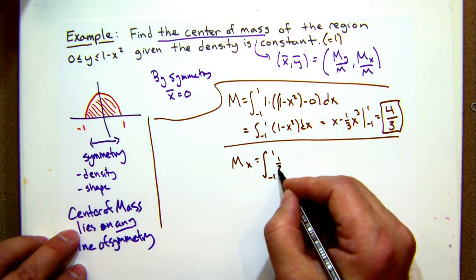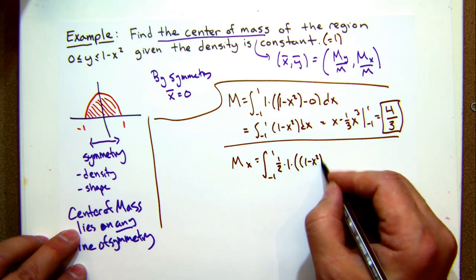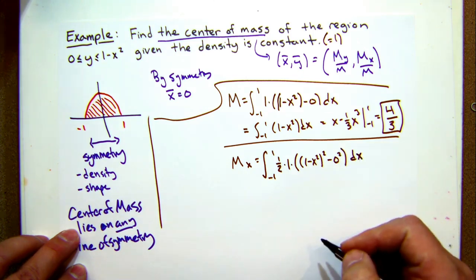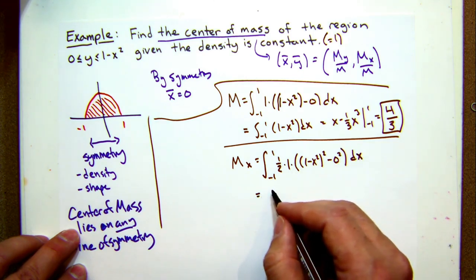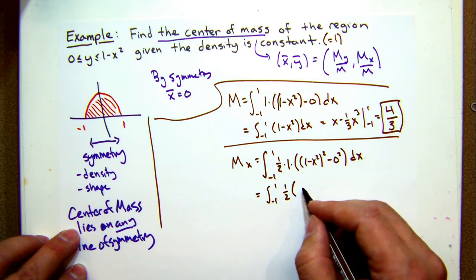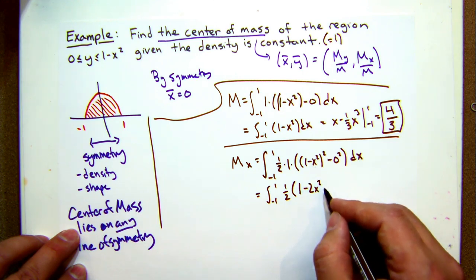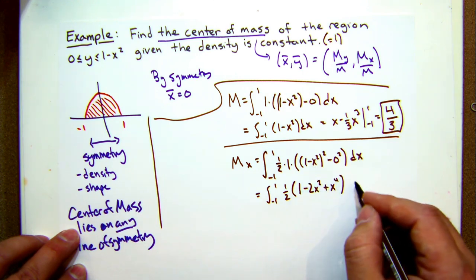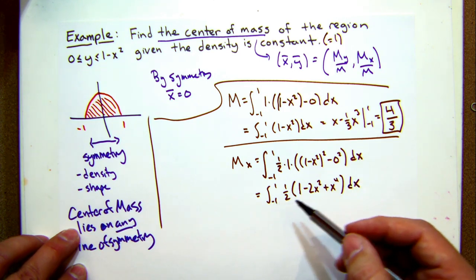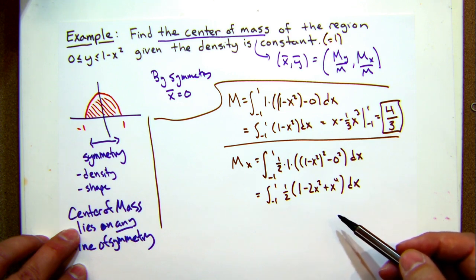So that's 1/2 times my density times (1 minus x squared) squared minus 0 squared, dx. Or the integral from negative 1 to 1 of 1/2 times 1, multiplying this out, minus 2x squared plus x to the 4th, dx.